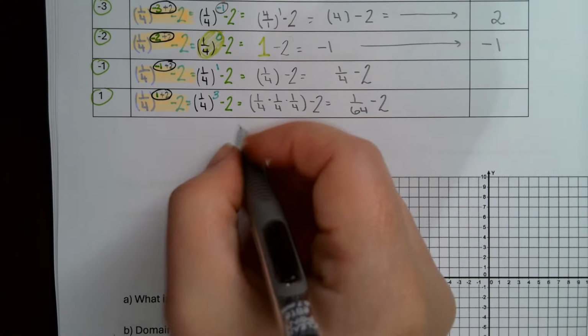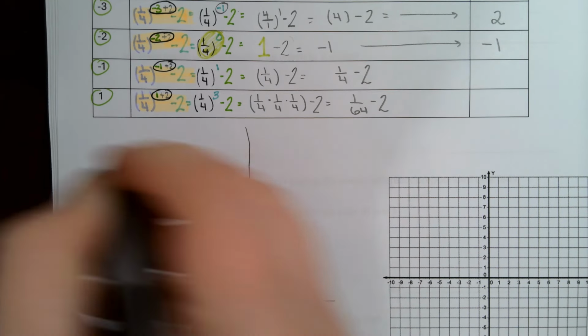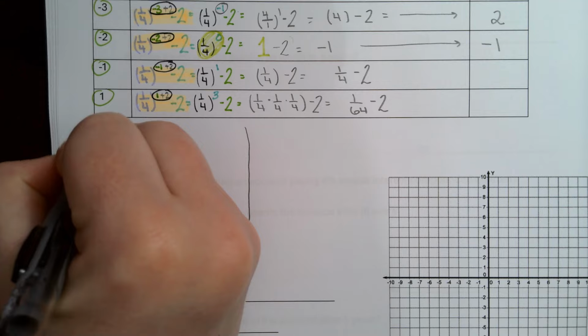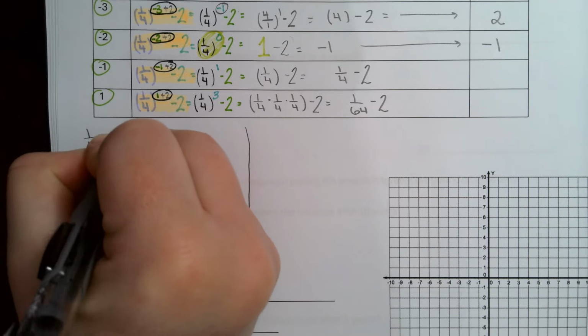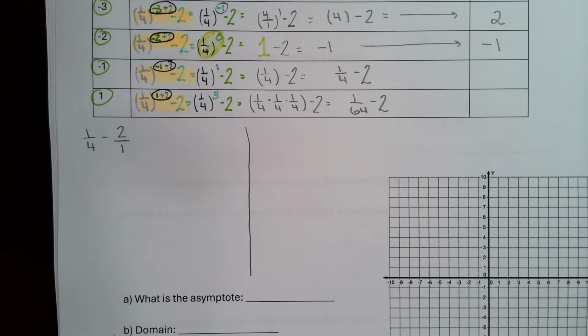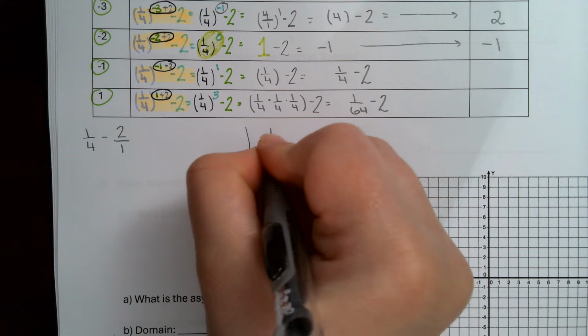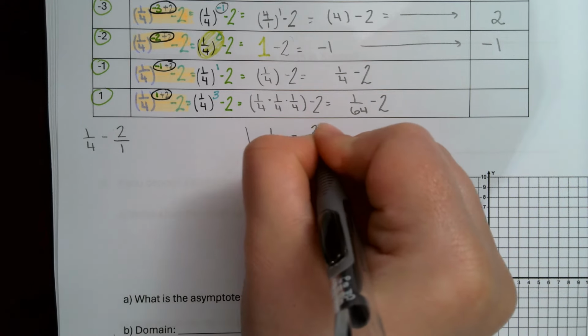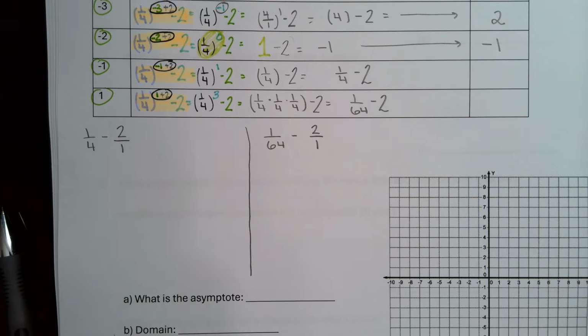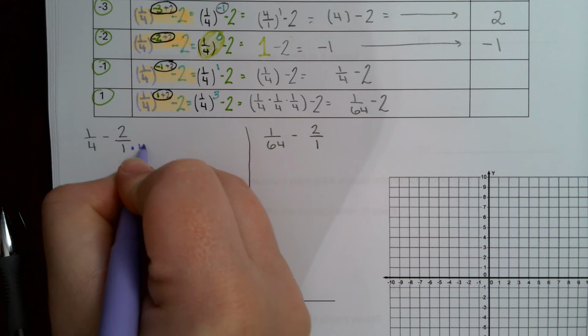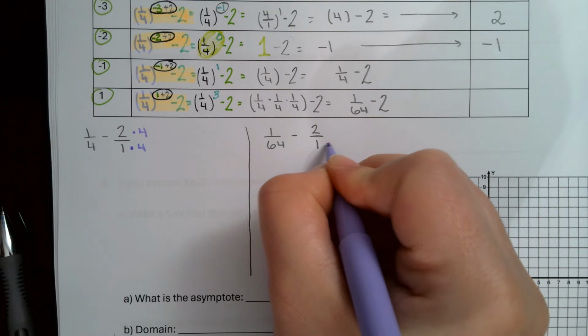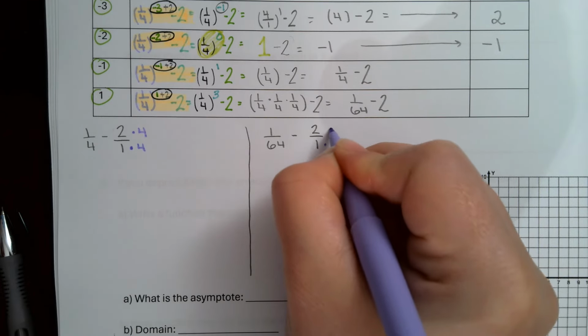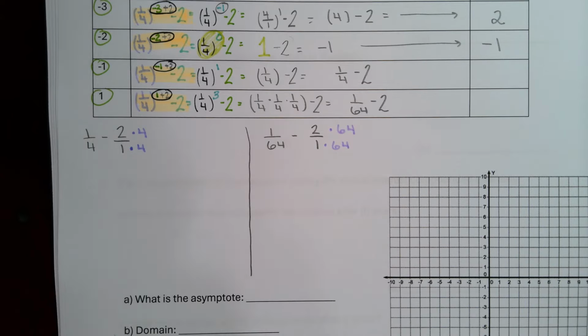So I have some space here. This will look similar on the exam. I will have some space down below for you to make 2 into a fraction and create common denominators. So common denominators, I need a 4, so I'm going to be multiplying top and bottom by 4. I need a 64, so top and bottom by 64.